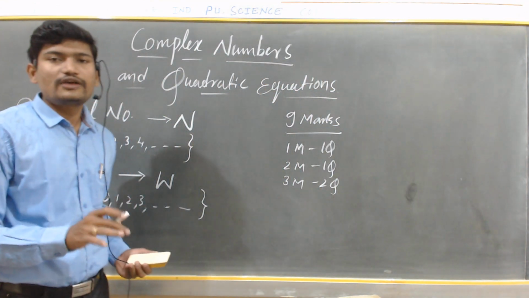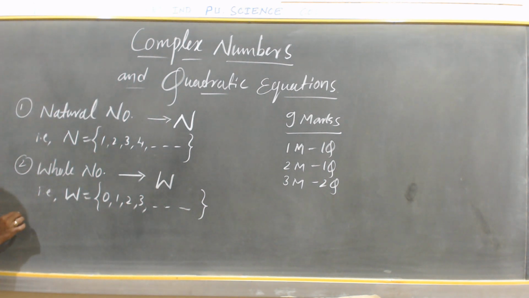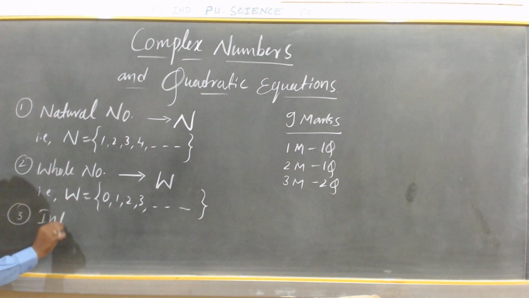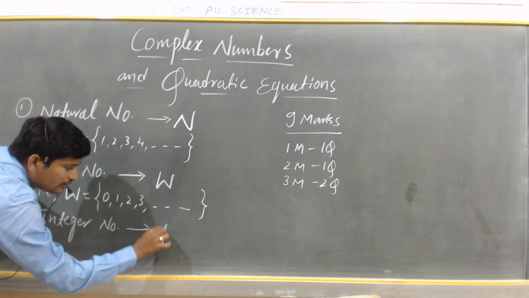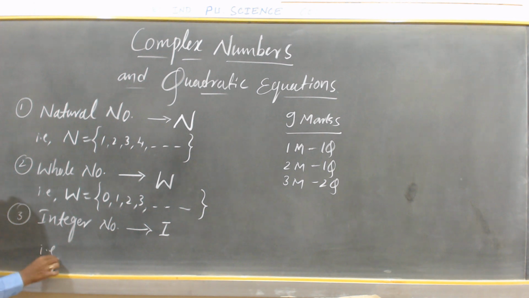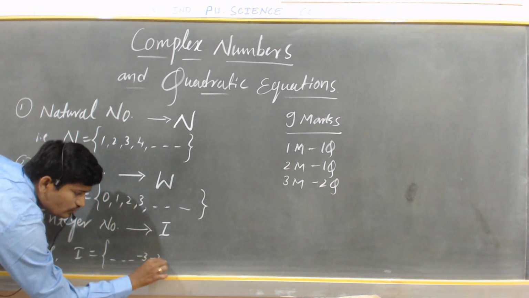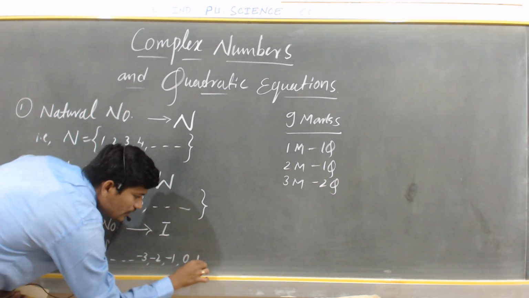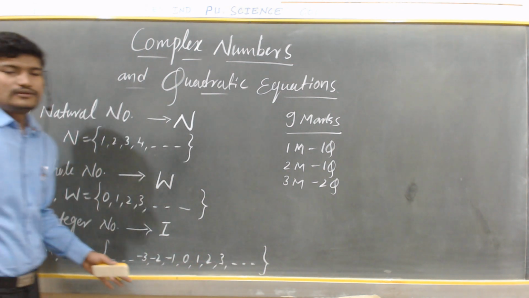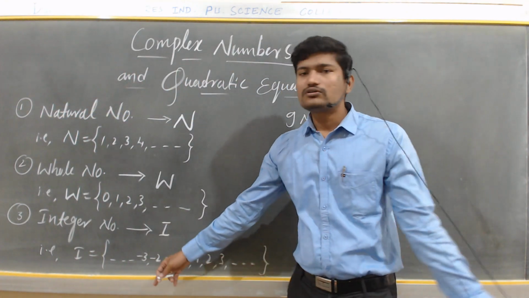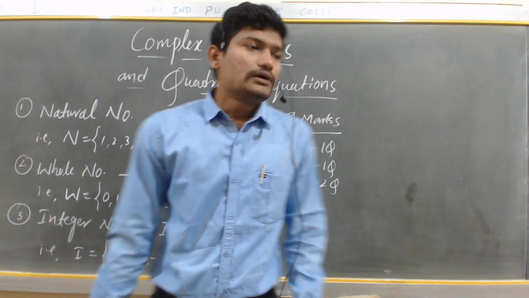That form we call integers, and it is denoted by the capital letter I. Symbolically we write I equal to minus 3, minus 2, minus 1, 0, 1, 2, 3, and so on. These type of numbers we call integers.